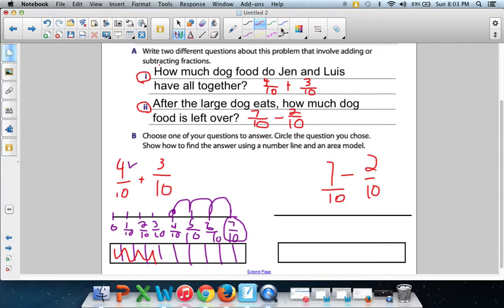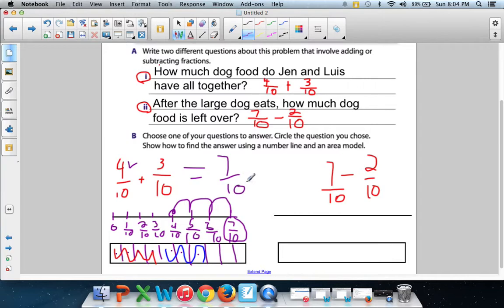And then we're going to shade in 3 more for the 3/10. 1, 2, 3. Then we count how many we have all together, and I think you'll see that it equals 7/10 one more time. 1, 2, 3, 4, 5, 6, 7. No problem. The answer, again, is 7/10.